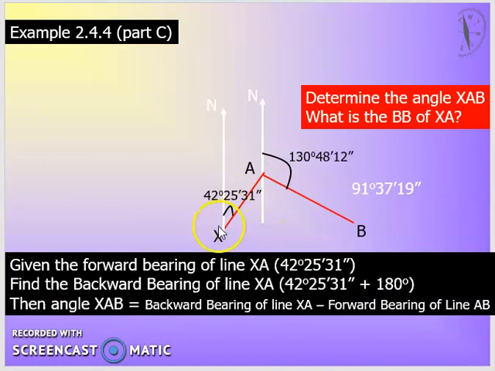So you can go ahead to calculate the backward bearing of the line XA, and that will be equal to 42 degrees, 25 minutes and 31 seconds plus 180 degrees. And once you have calculated the backward bearing of the line XA, you subtract away 130 degrees, 48 minutes and 12 seconds. And your answer should be 91 degrees, 37 minutes and 19 seconds.